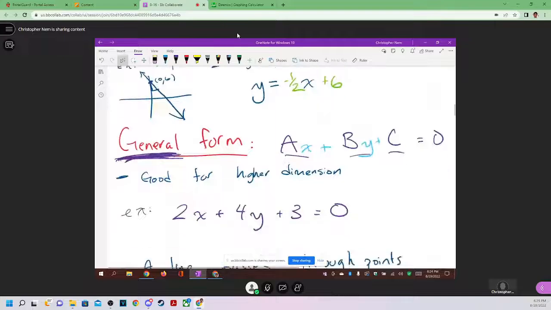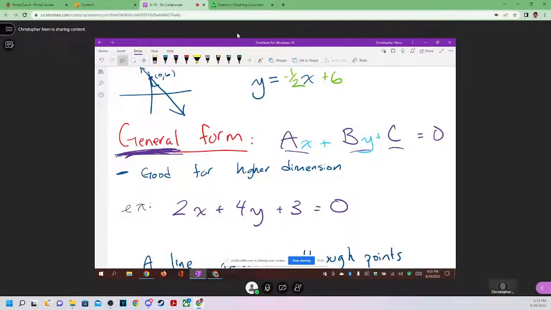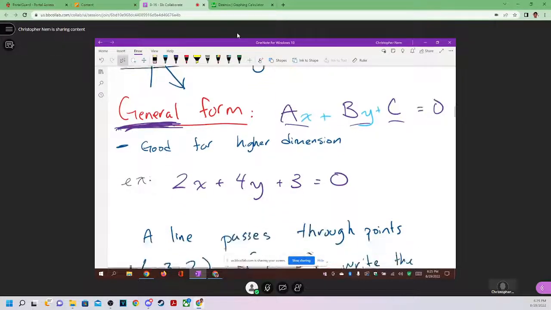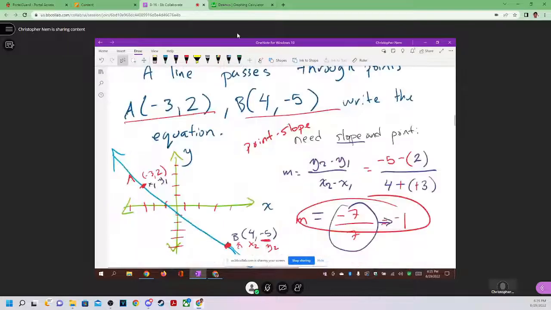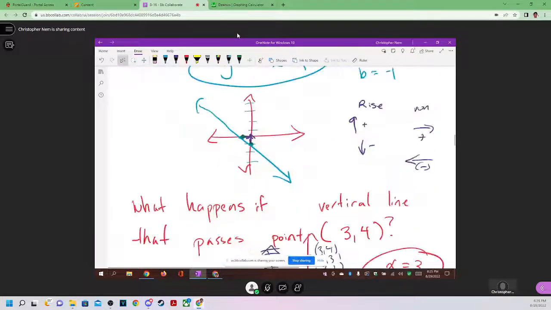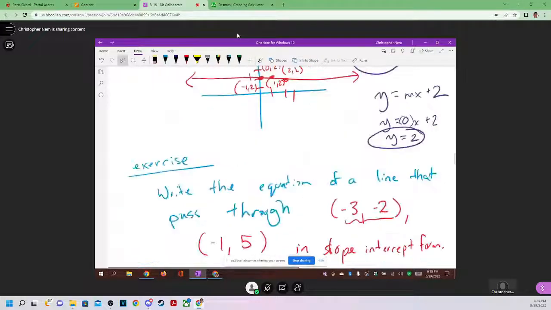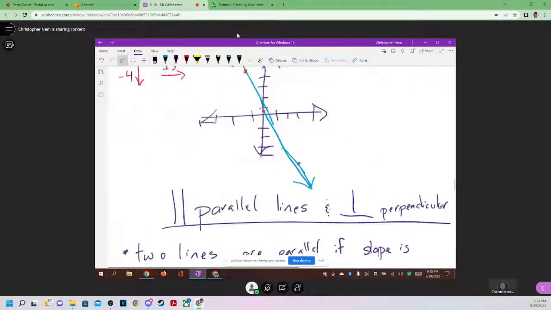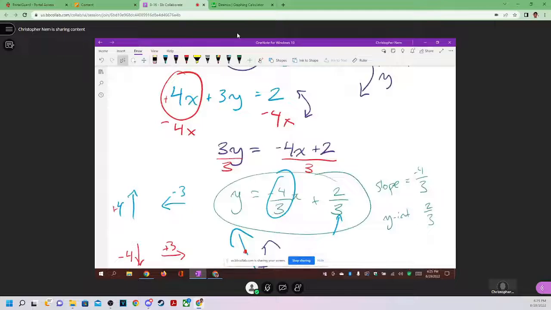So even if I give you a general form, you have to solve for y and simplify it out. And notice that I did split the fraction when I had my general form. So if I have a general form like over here, even though I solve for y, I have to split up the fraction. I have to make sure that I know what my b term is and what my m term is, my slope.